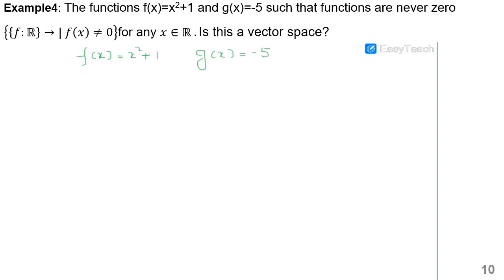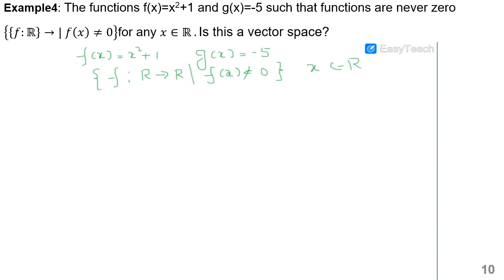The condition is such that f belongs to R such that a function never becomes 0 at any point of time, for x belonging to R.